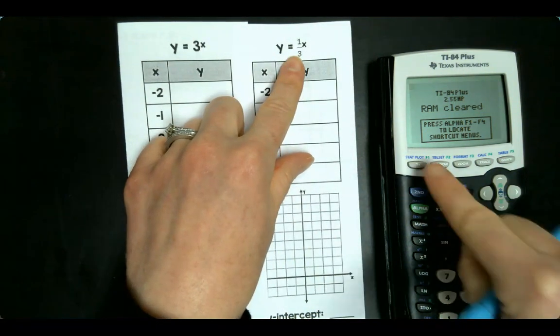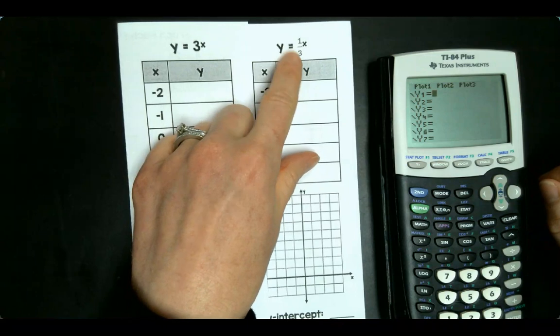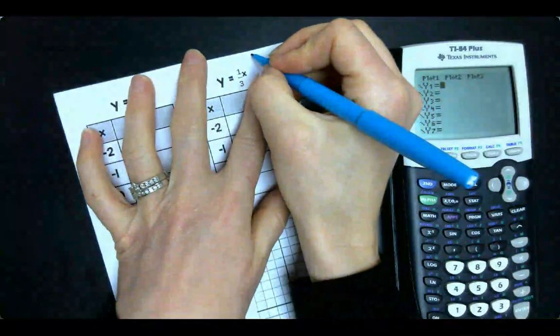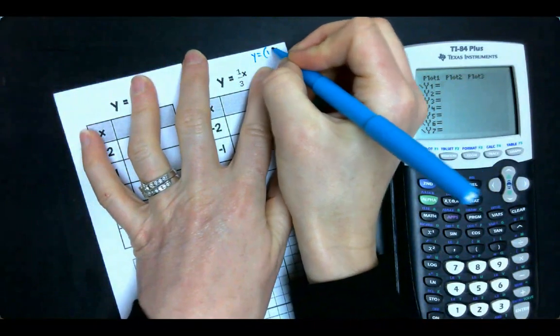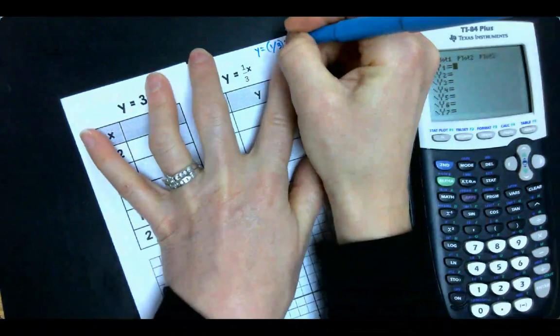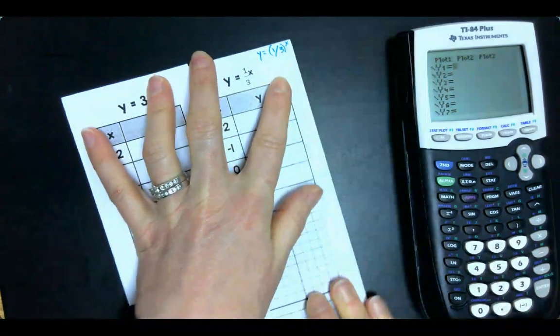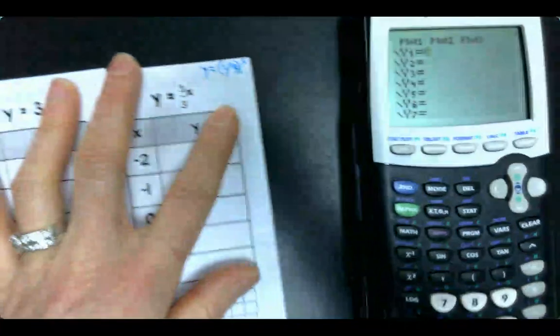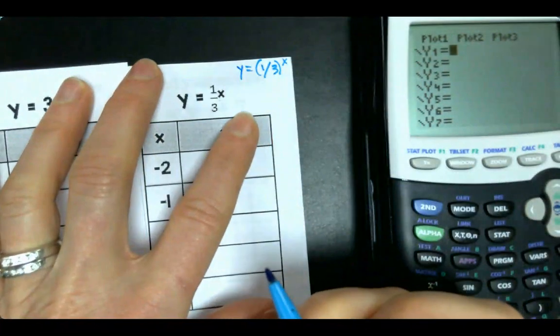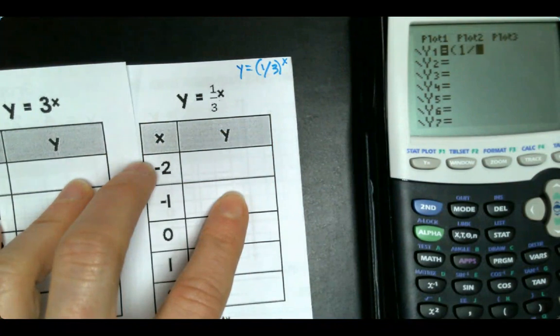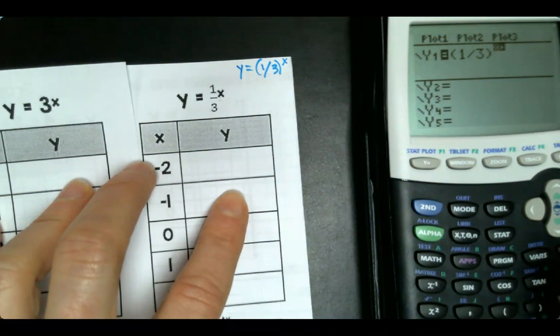So go to y equals. We can put this in two different ways. We can put it in as y equals parentheses 1/3 to the x, like that. You have to put in parentheses though.